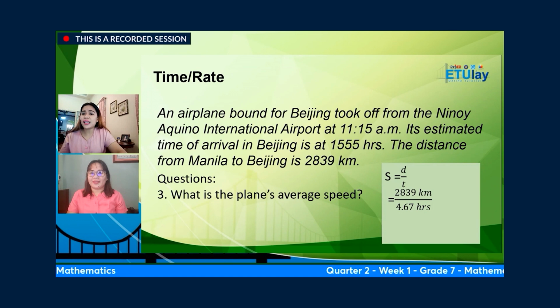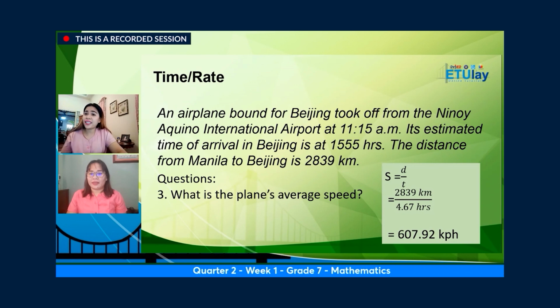So the distance is 2,839 kilometers over the time 4.67 hours. And that would be 607.92 kilometers per hour. So did you get the same answer, Grade 7? Very good. For those who did not get the right answer, don't worry. I know you can get it the next time.